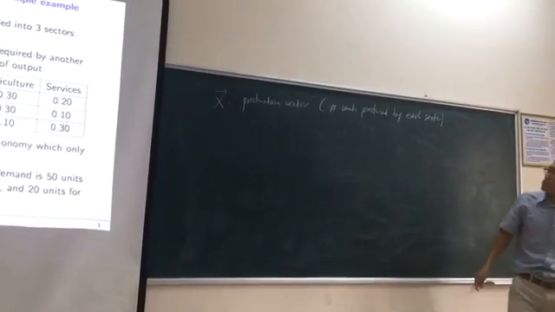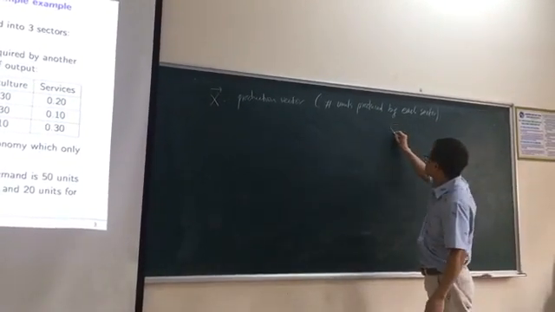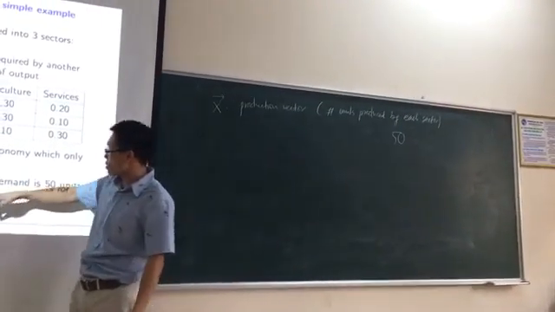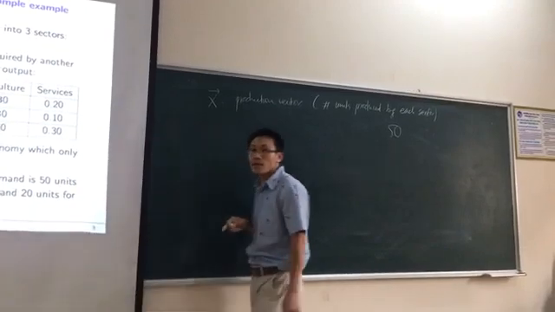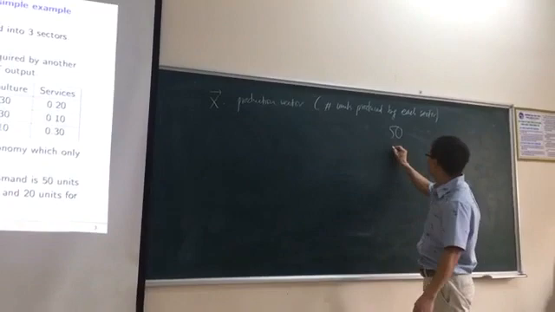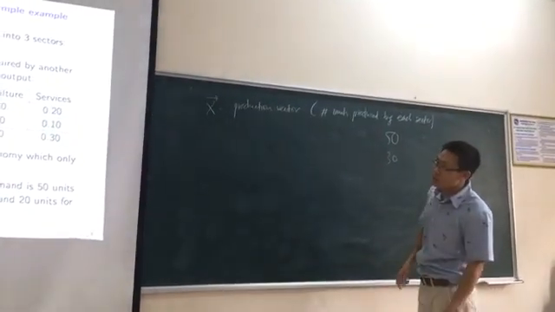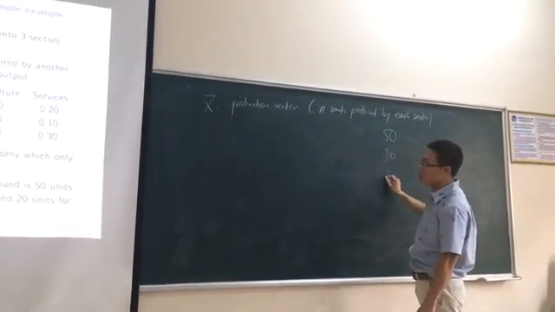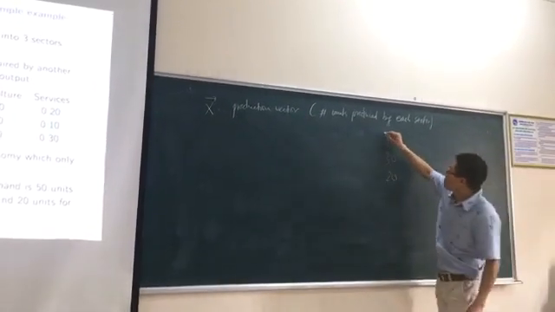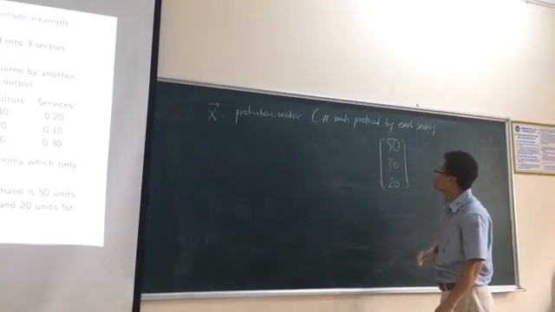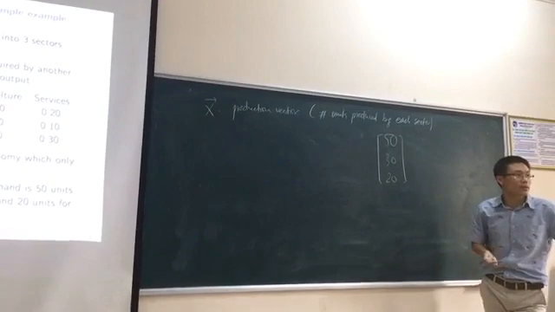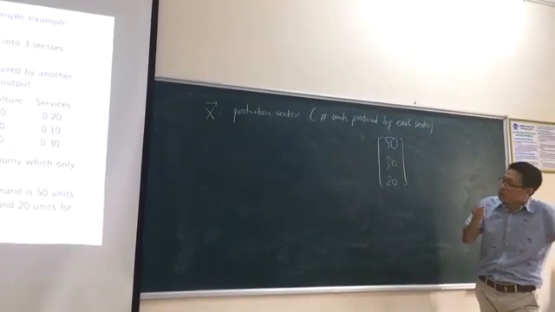We want to have 50 units from manufacturing, 30 units for agriculture, and 20 for services. This is the demand, the defined demand we want to have.